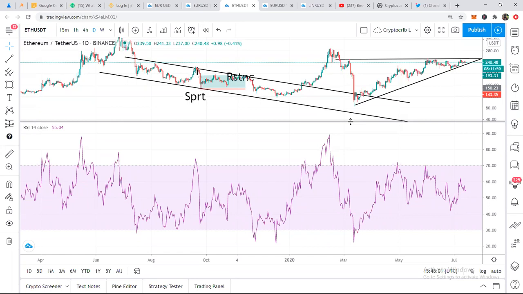All right, it's very, very easy to use this RSI. I mentioned that RSI is the relative strength index. So this is how it works.